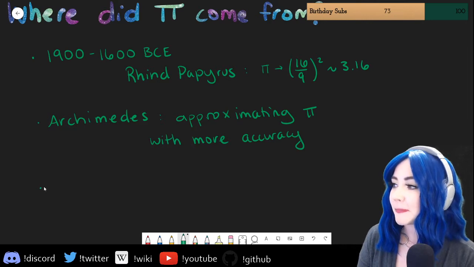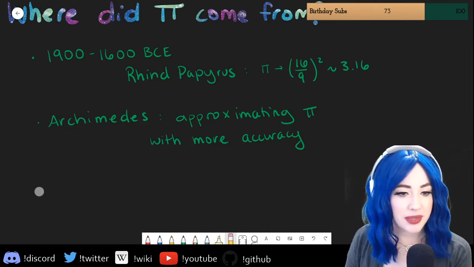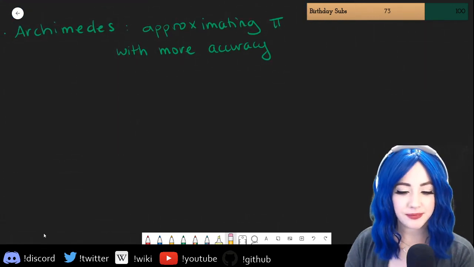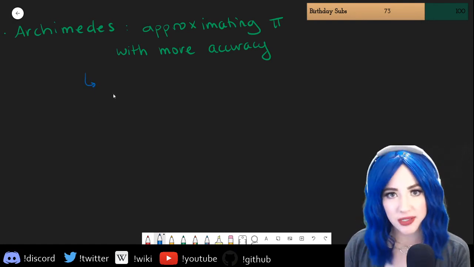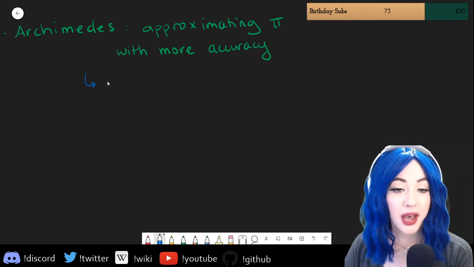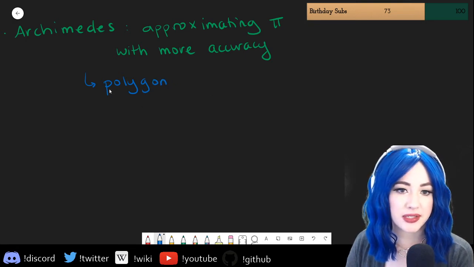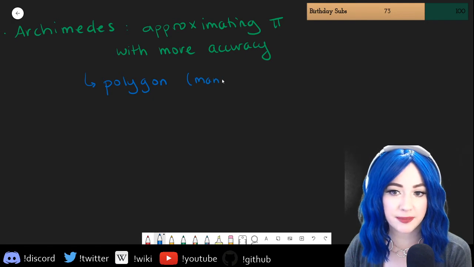All right. And so previously, actually, this would be under our little Archimedes bullet here. So previously, the way of approximating pi was done by taking a polygon, which is just poly, many, gon, side, so many-sided figure.